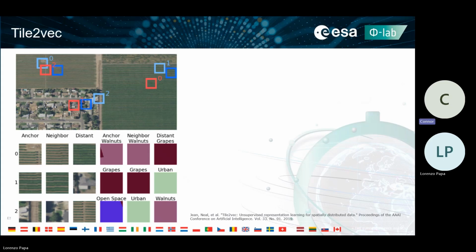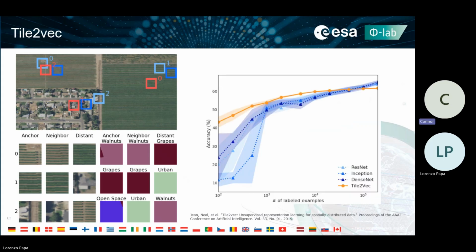Why is CLIP very important? Because the same features are also used in geospatial models. For example, we want to understand if two images, or in this case two tiles of the image, come from the same area. Again, how can we do this? Thanks to the contrastive loss.